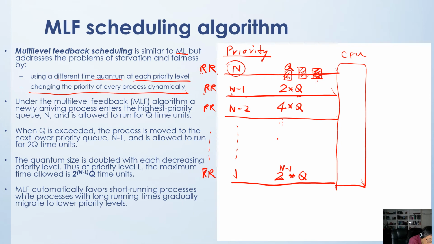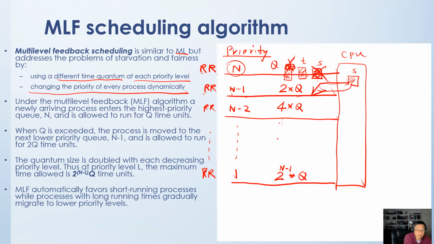So let's say S, with time quantum Q. S will be selected, right? Now, once S runs for one time quantum, which is Q, S will be placed in the next level.